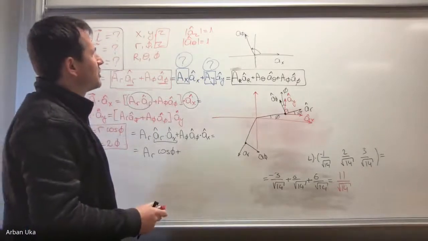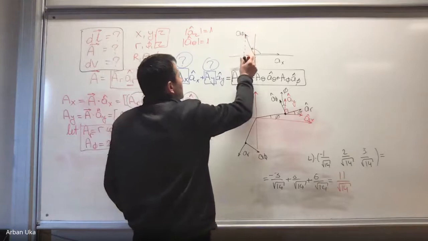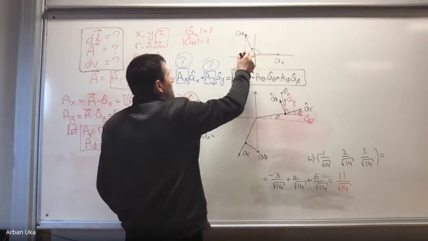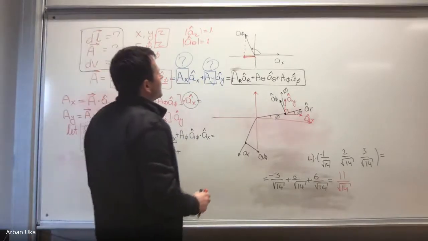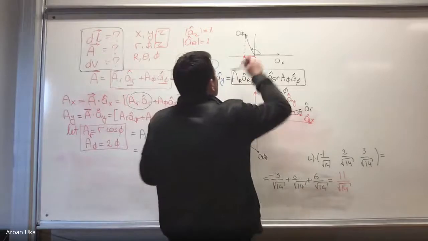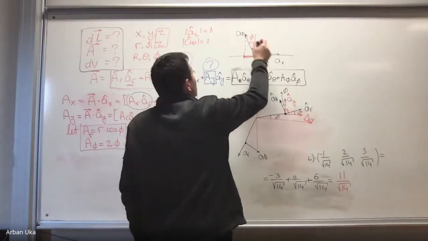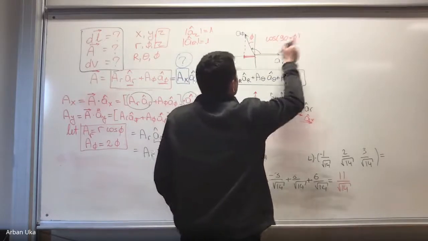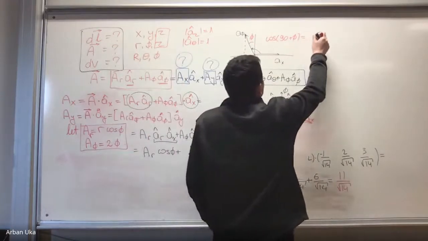And the projection of the wide angle on the x-axis is a negative number, okay? It's this length. So the cosine of this wide angle is this length, but so if this is an angle phi, the cosine of 90 plus phi is equal to sine phi.